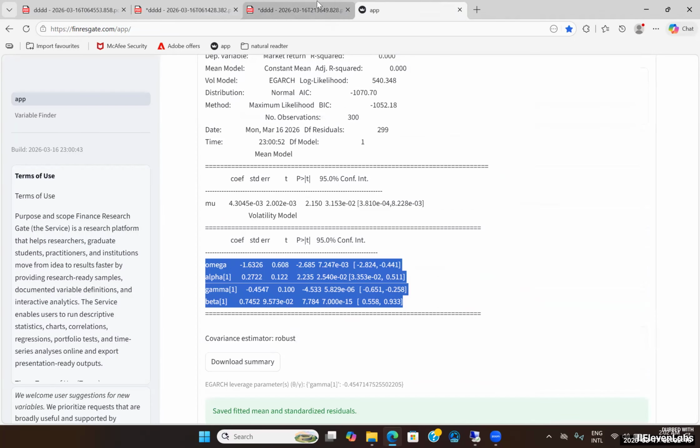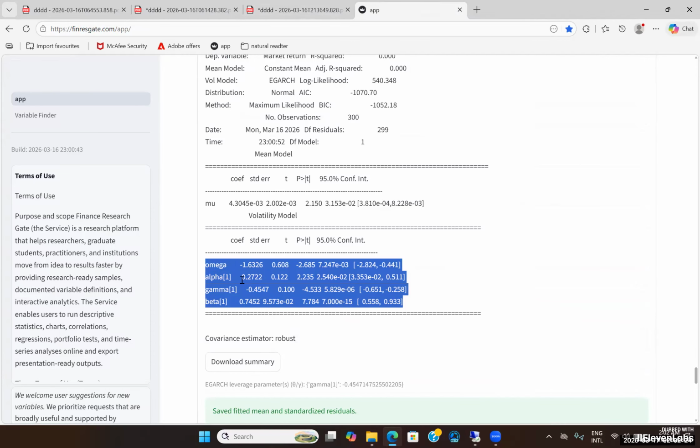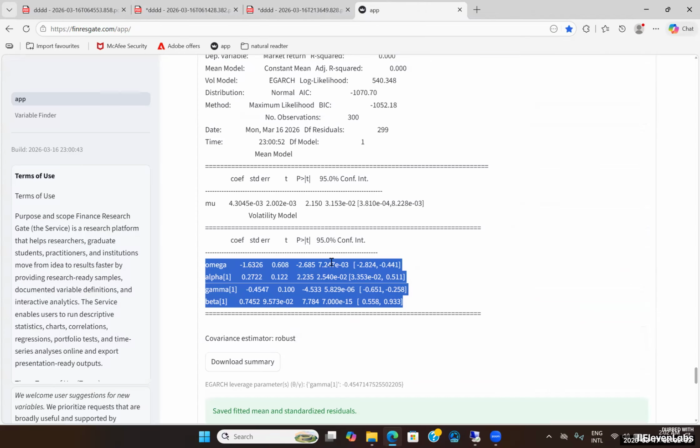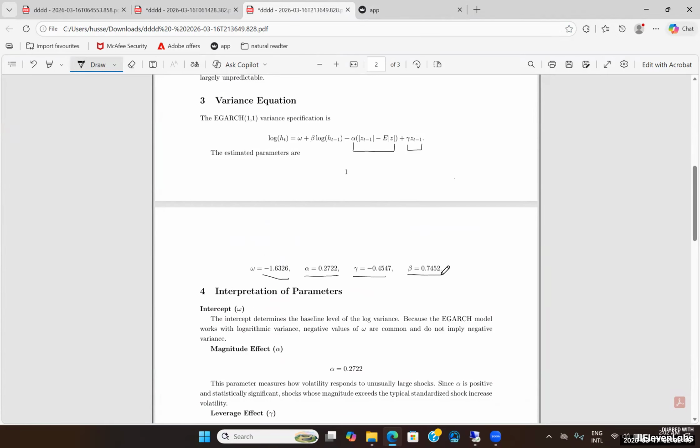The coefficients are omega, 1 minus 0.6, the alpha, which is this part, 0.27. For the leverage component, we've determined its value to be minus 0.45, and then considering beta, which is specifically the lagged variance coefficient, that number stands at 0.74.